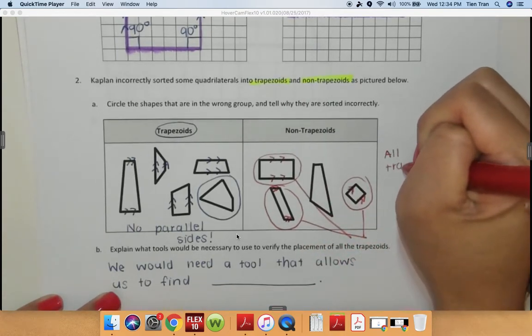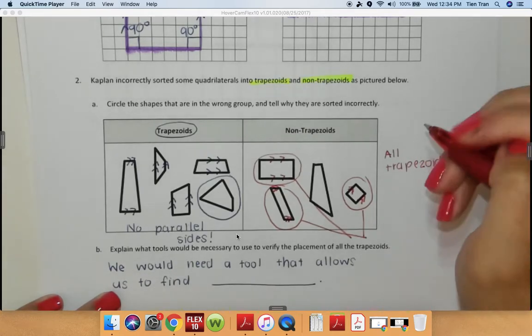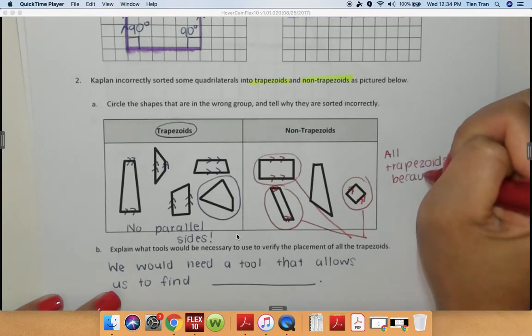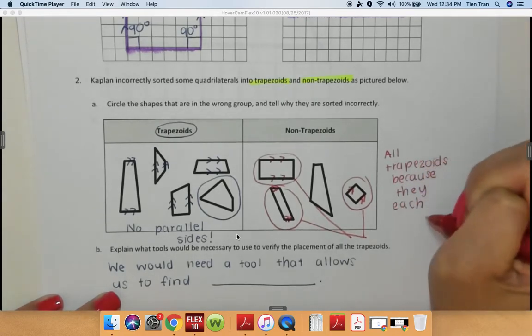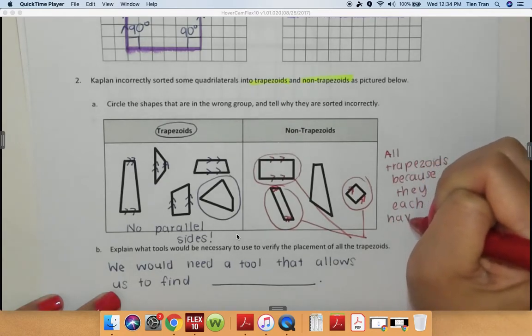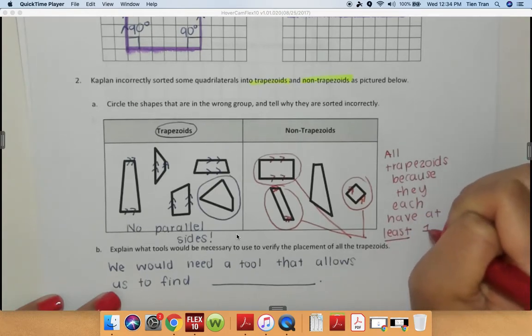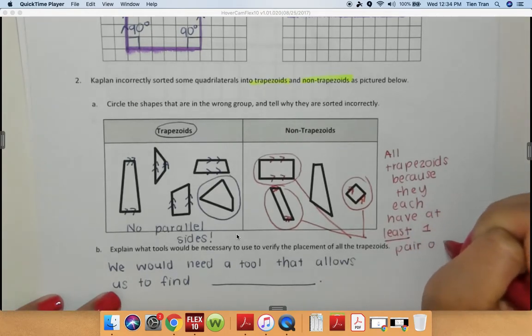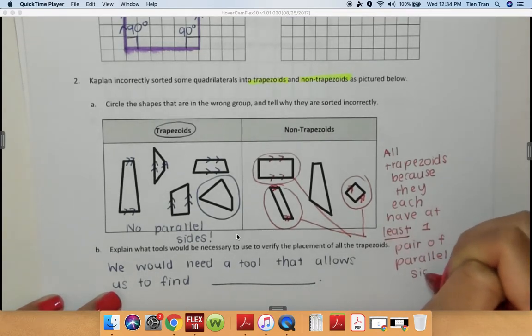All trapezoids because they each have at least one pair of parallel sides.